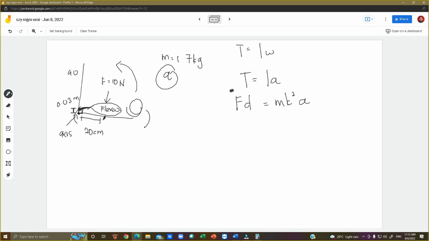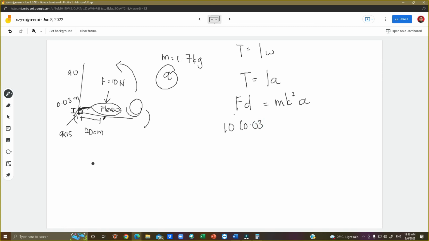Now, let's take a look what information we have. We have F produced by the flexor, which is 10. And D is the distance between force and axis. So since this is a 90 degree parallel force, we just take the distance as a whole.